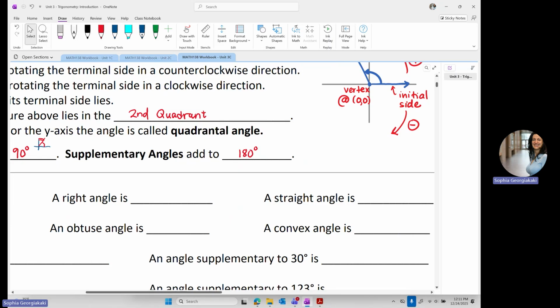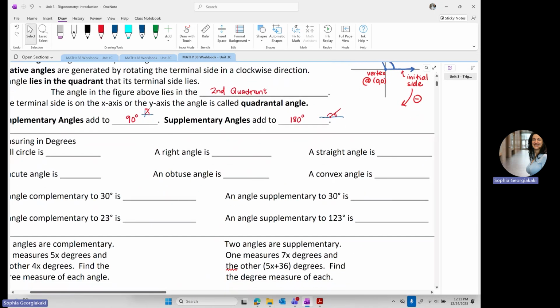For supplementary angles, the main sketch would be a straight line and then two angles that can fit on that straight line. So this will add to 180 degrees.